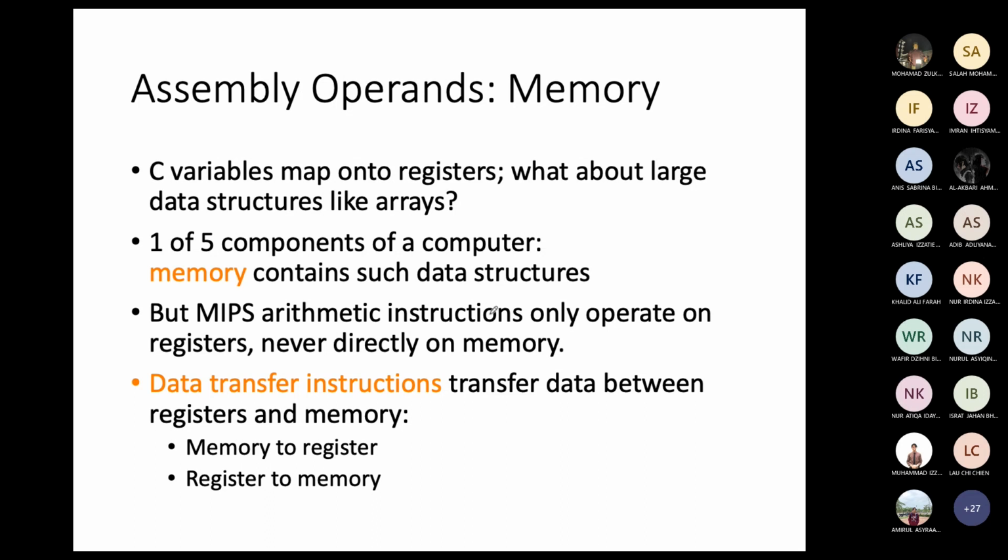But MIPS arithmetic instructions only operate on registers. They never directly operate on memory. Remember, all the data is stored in memory, but when you want to operate on it, you must transfer the data from memory.